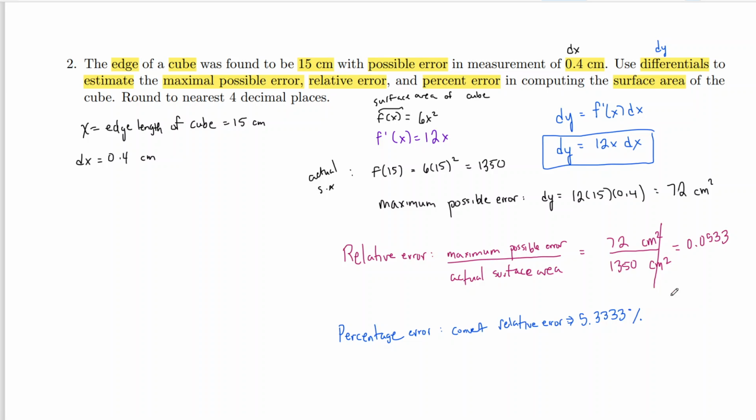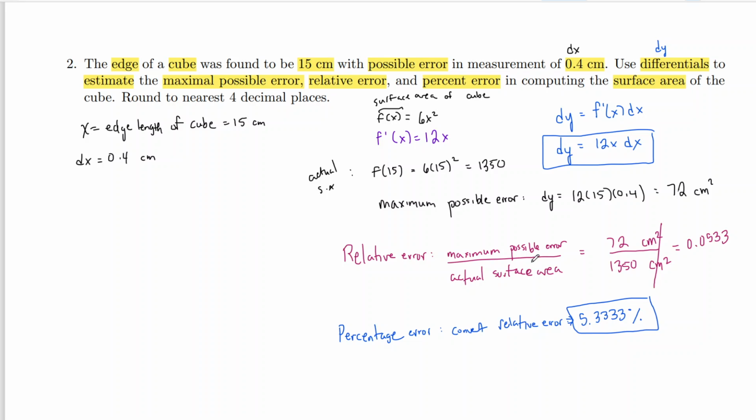Now I think if you understand what relative error means, this is very helpful. Imagine you're in a company that's creating boxes, and you want to know how much material you're using to make the surface of this box. Well, if you're off by up to 5%, you could be using 5% more material, which is 5% more money on every box.